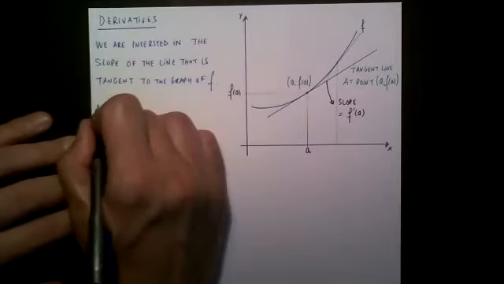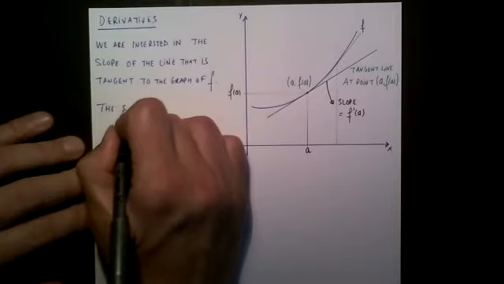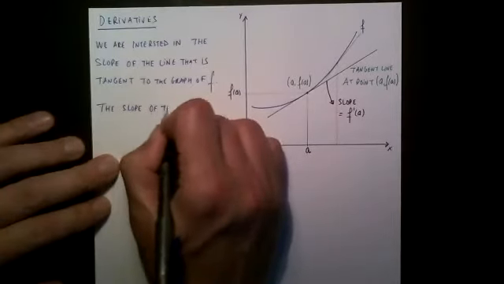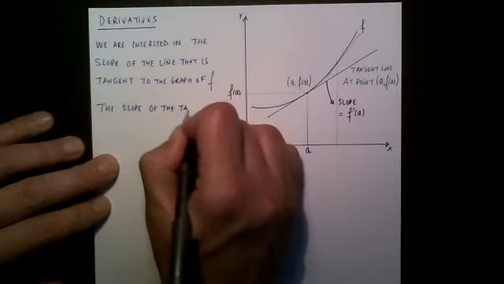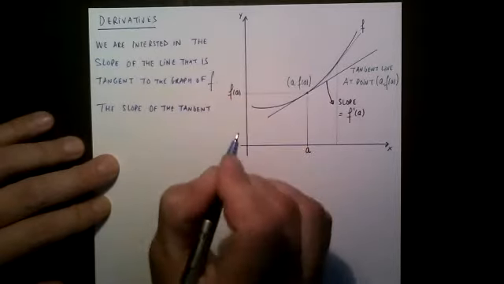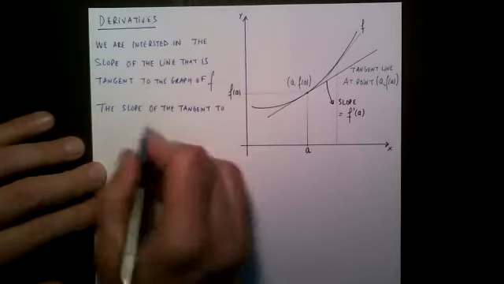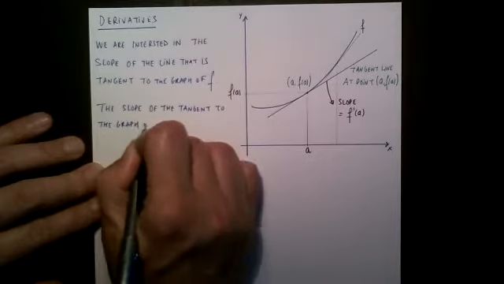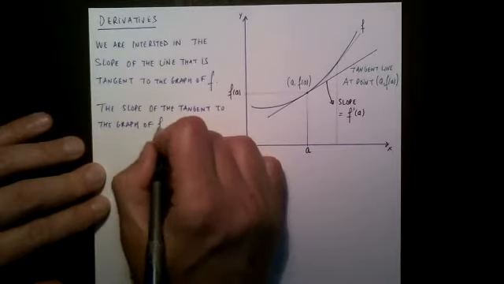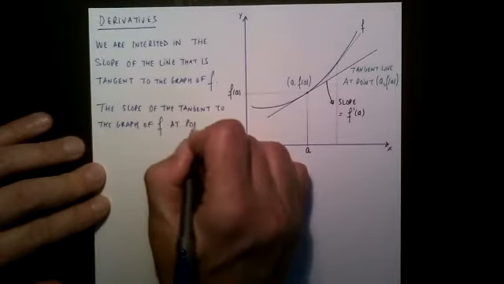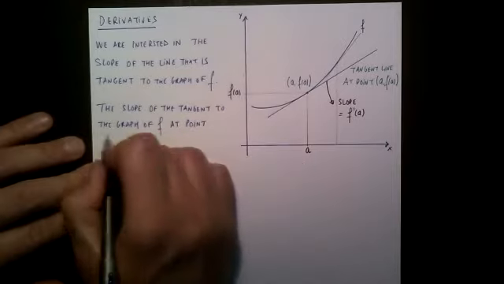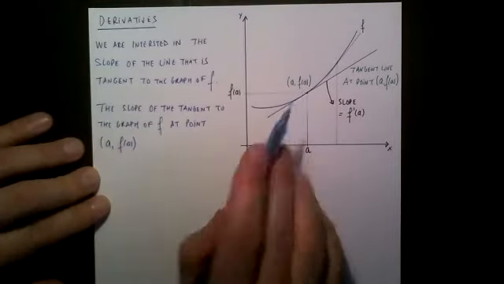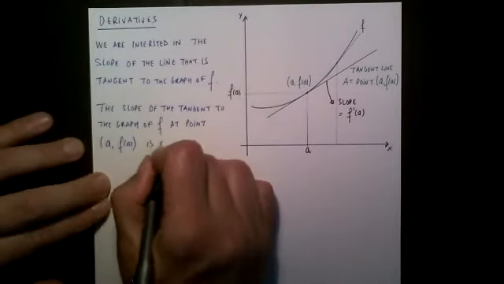Okay, now the slope of the tangent, okay, there's not going to be a lot of writing, just a bit at the beginning, the definition, to the graph of f at point (a, f of a).